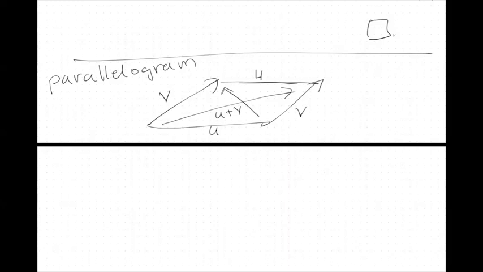u minus v. Let me reverse the arrow. This is u minus v. So u and then v backwards.